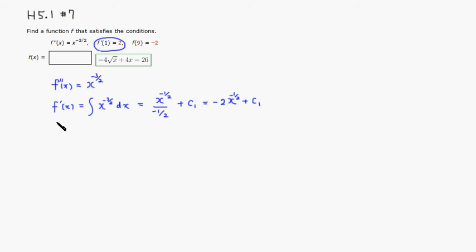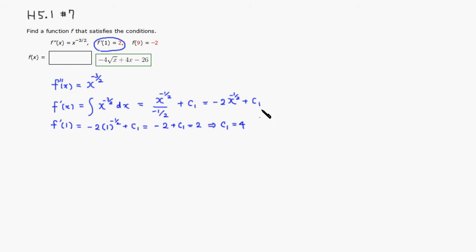Then we try to find C1 by using this condition right here. So plug in x equals 1. It's going to be negative 2 times 1 to the negative 1/2 plus C1 is equal to negative 2 plus C1 is equal to 2, which means C1 is equal to 4.